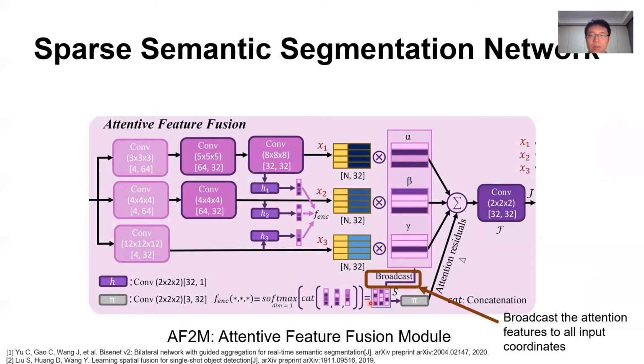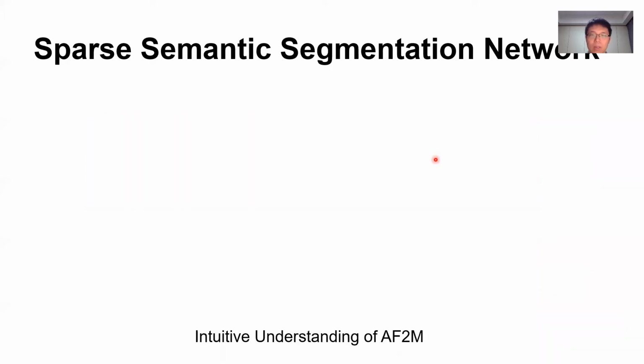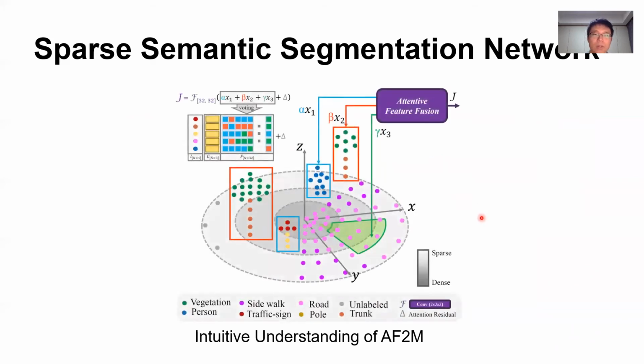The broadcasted attentional feature scales the original output pointwise, and then they are linearly added. This way, the detailed pointwise features are passed through the shallow branches and get blended into the deeper semantic branches.